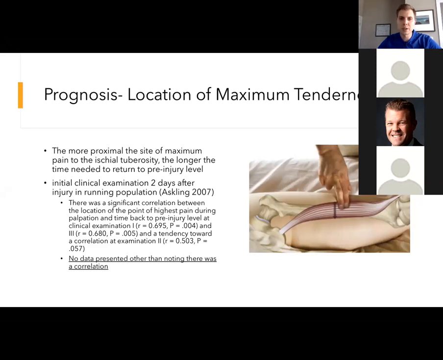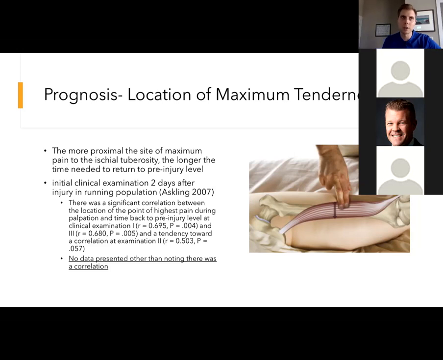So this study was done 2 days after that initial injury. And they mentioned in this paper by Askling that there was a significant correlation between the location of the point of highest pain during palpation and time back to pre-injury level, and a tendency towards correlation at points 1 and 2.